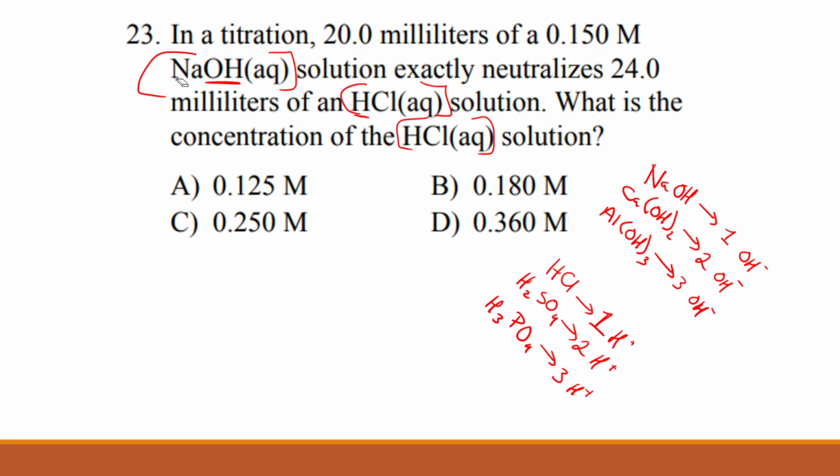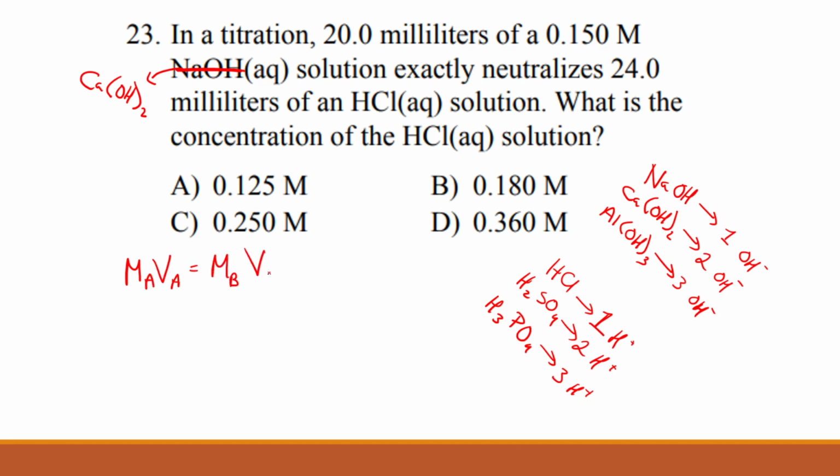But let's say, for the sake of argument, that this wasn't NaOH, this was CaOH2. Right, which doesn't look great when I write it in the margins like that. Let's put it here instead. If this is the question now, when we want to solve this out, we're still going to use MAVA equals MBVB.